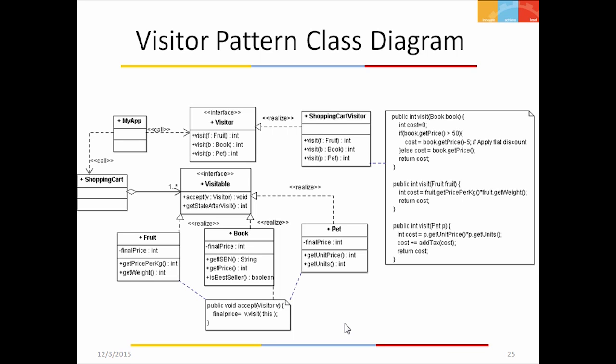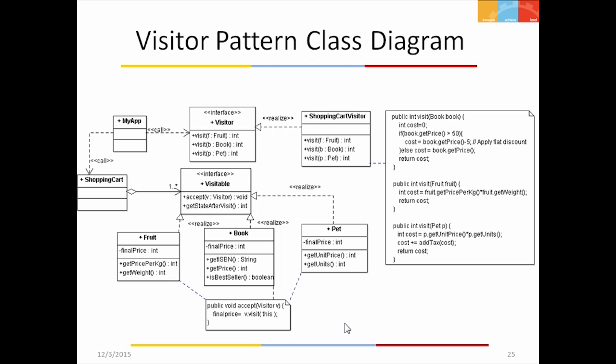What happens is that all of them actually implement this accept method, in which it accepts a visitor v. When it accepts a visitor, it invokes the visitor's visit method and passes itself as the argument.